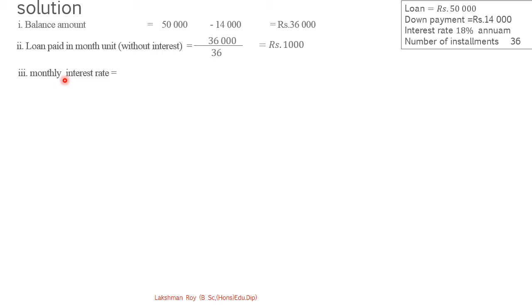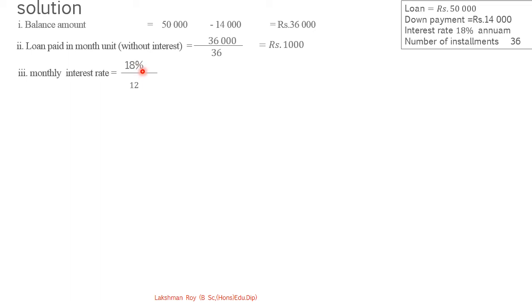Yearly 18% should be divided by the number of months in a year, that is 12. But you can see here that with 18% and 12, if you simplify, you can't get a whole number. So because of that, we simplify this way.